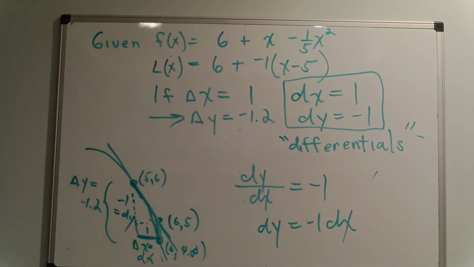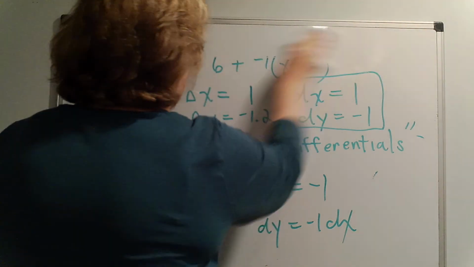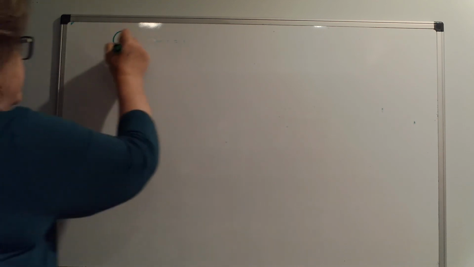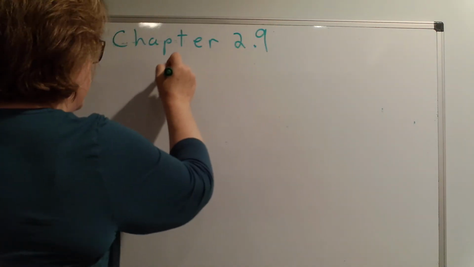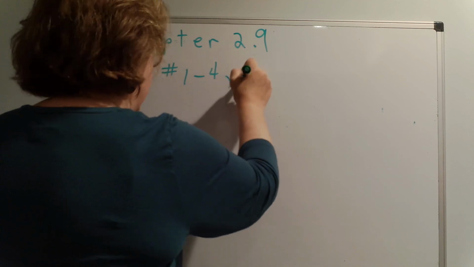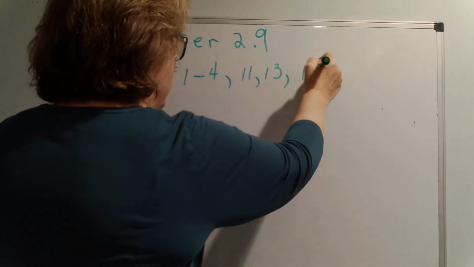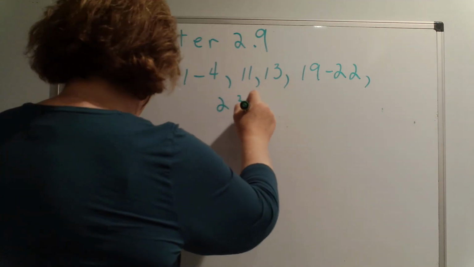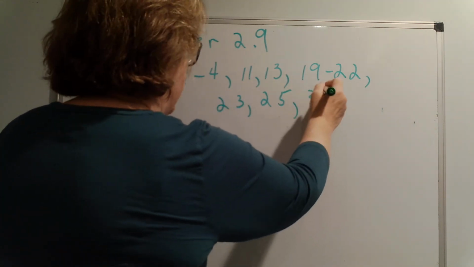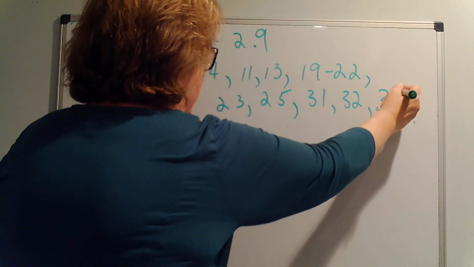Your homework assignment for this section is going to be chapter 2.9, numbers 1 to 4, 11, 13, 19 to 22, 23, 25, 31, 32, and 33.